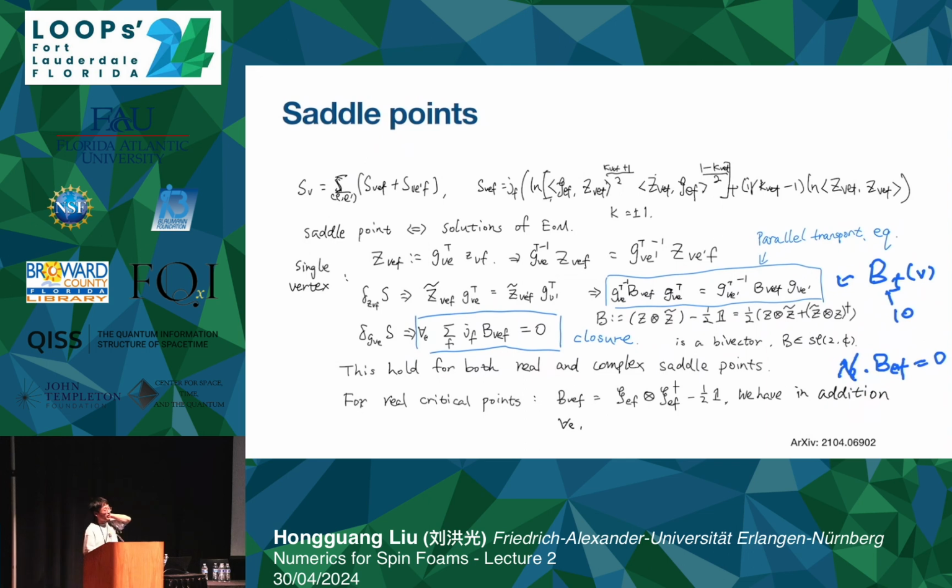But the most important thing is when we get real solutions. There is a condition for the real critical point, and this is the dominating critical point, because you can show the real part of the action is smaller than or equal to 0. The dominating critical point happens when the real part of the action equals 0.